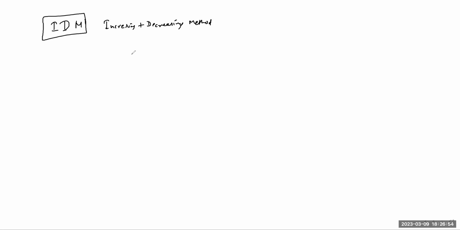We know that the length of the string is constant. So if any motion will try to increase the length of the string, the other must decrease because the net is going to be zero.